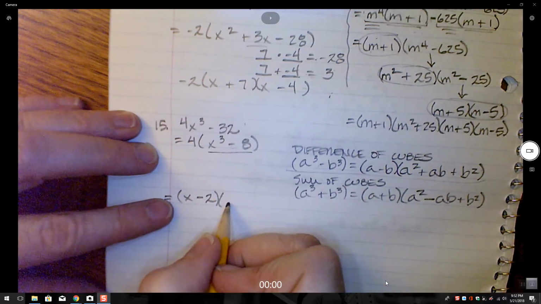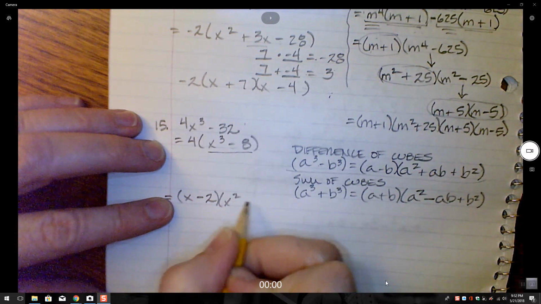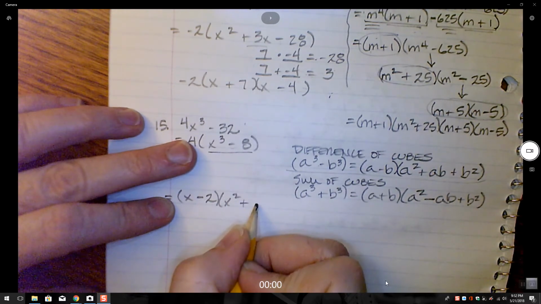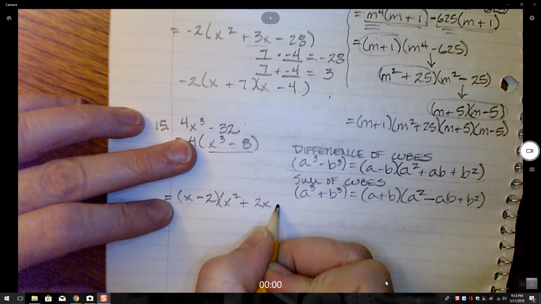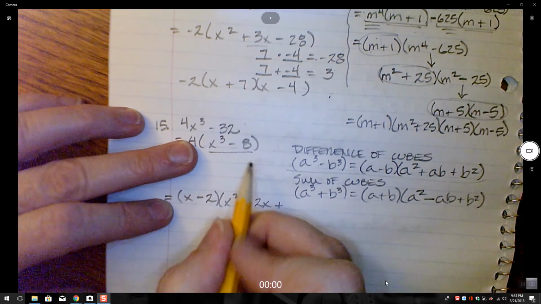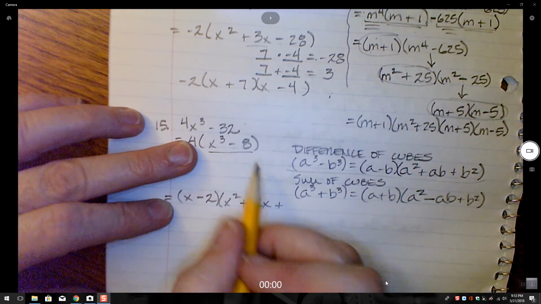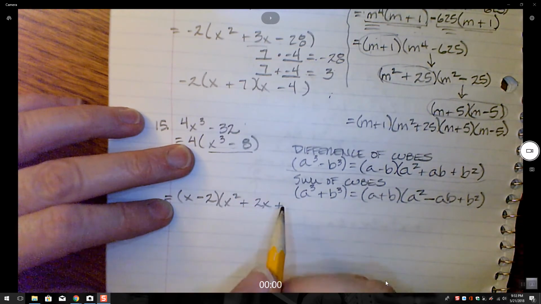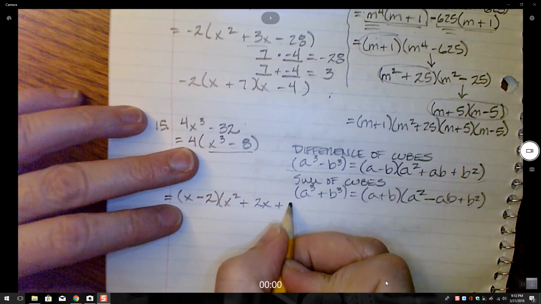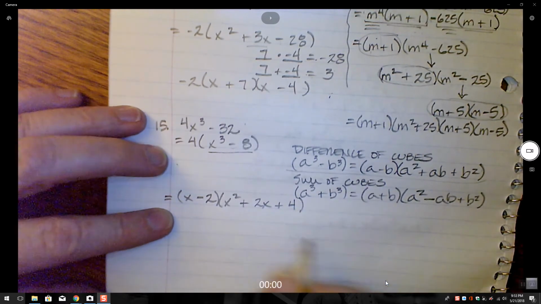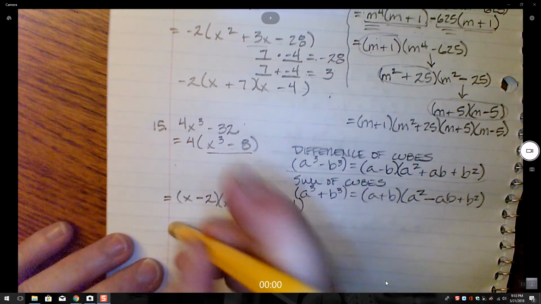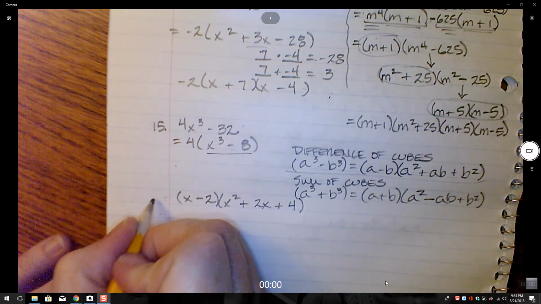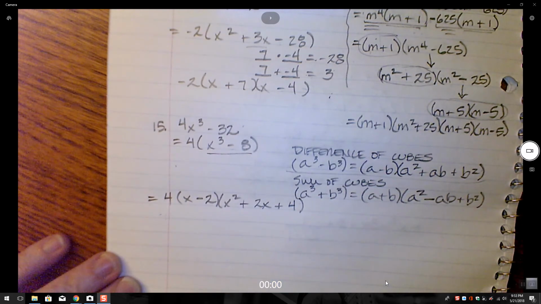And following our algorithm, we've got an x squared plus x times 2, so I'm going to say 2x, plus b squared, sorry. So that's going to be 2 squared, which is 4. And I took a 4 out. Don't want to lose track of that. We're done.